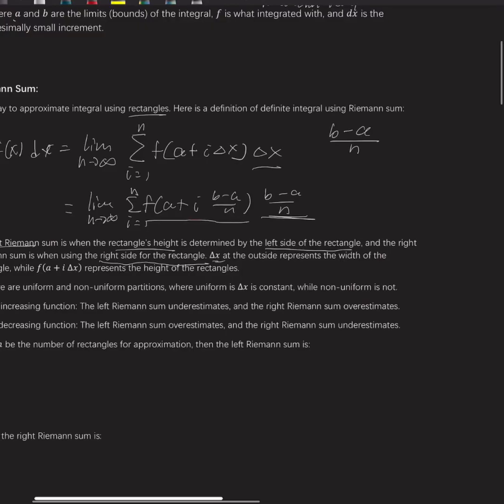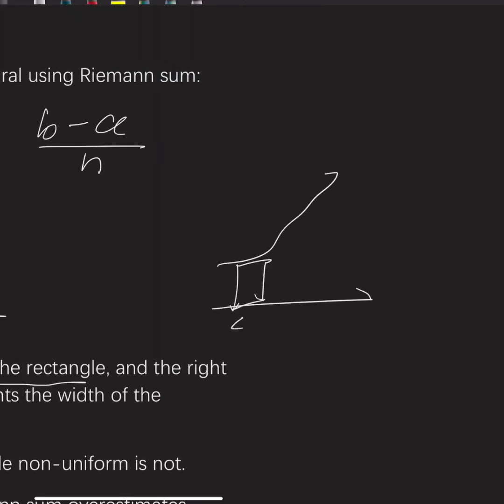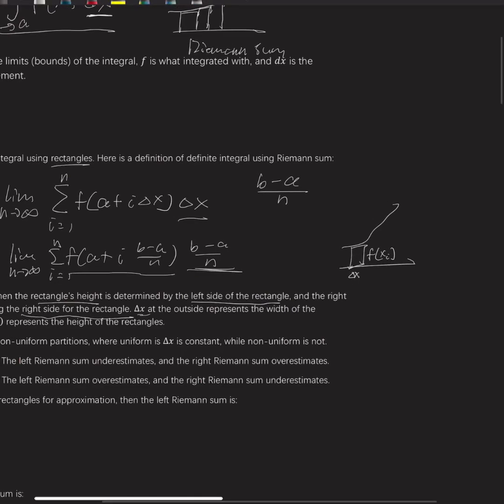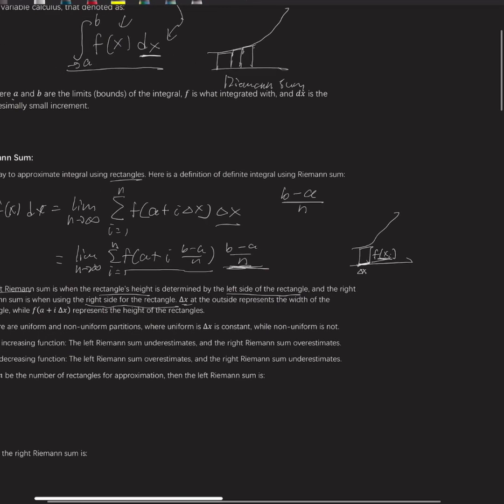So if you have, let's say, a graph like this, and you have this rectangle here, this is delta x. This is f at xi. So this whole thing, f of (a plus i times (b minus a) over n), is the height of this rectangle, and this (b minus a) over n is this delta x, the width of the rectangle.